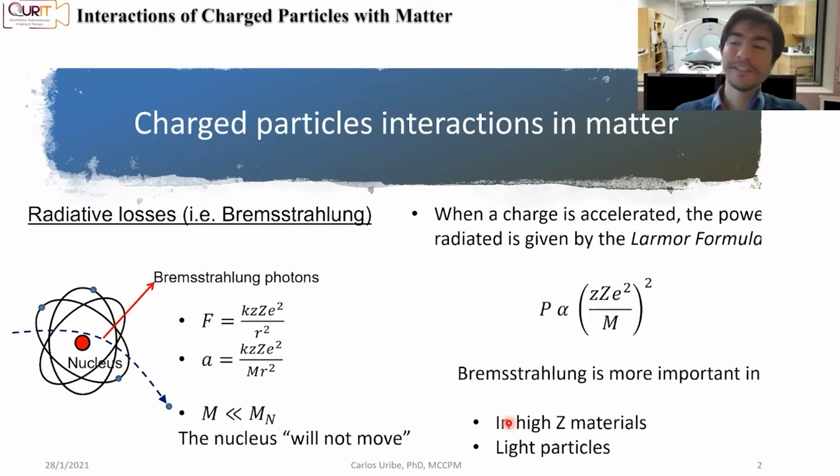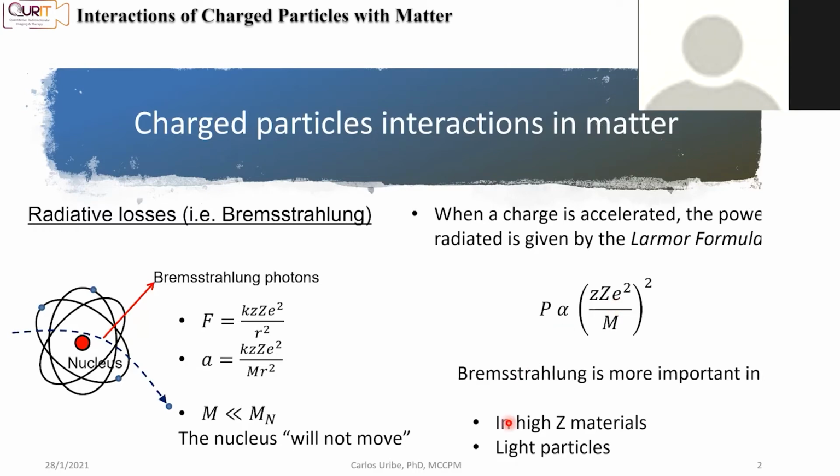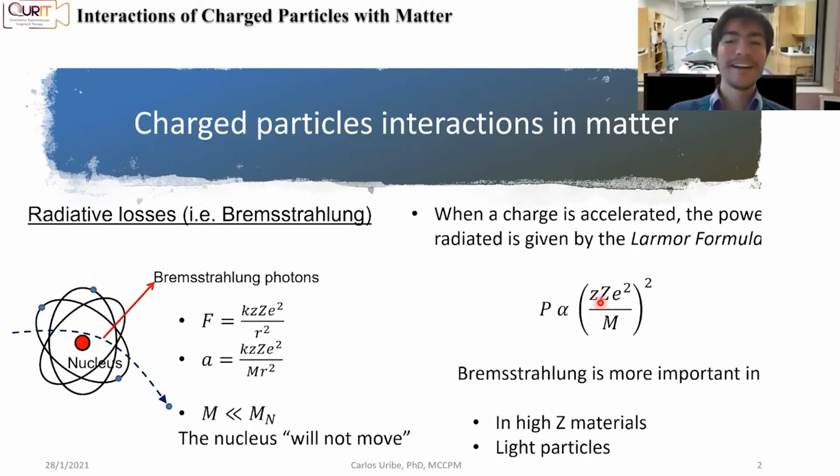Sorry to interrupt. Just to be totally clear, can you say again what the small z and the big Z, capital Z, are? Yes. The big Z refers to how many charges you have in the nucleus, basically the atomic number of that nucleus. The small z is the charge of the particle traveling in that medium. If you have an alpha particle, that small z would be 2, but maybe you can have 3 protons traveling together, or only 1 proton.